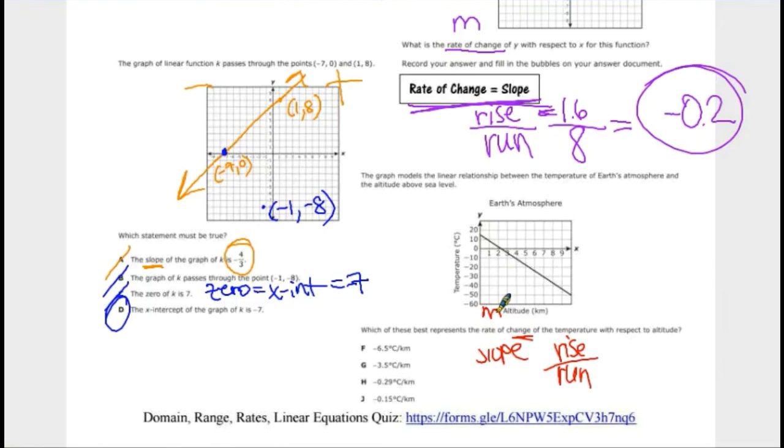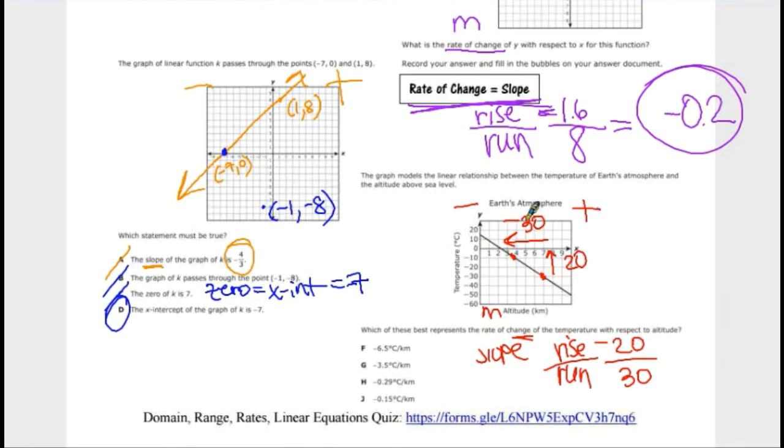So we've got to find 2 points on the line. So here's a point, and also here. So we are rising a total of 20, and we are running a total of 30. If our positives are to the upper right and our negatives are to the left, that would make this negative. So our rise was 20, our run was 30, and this was negative. Oh, I'm sorry, guys.